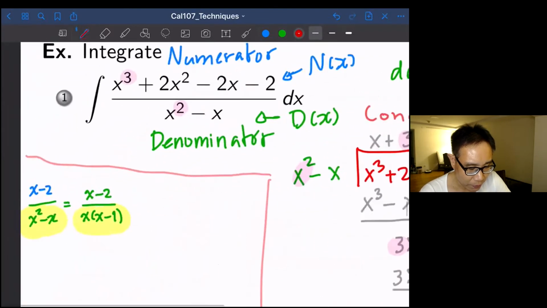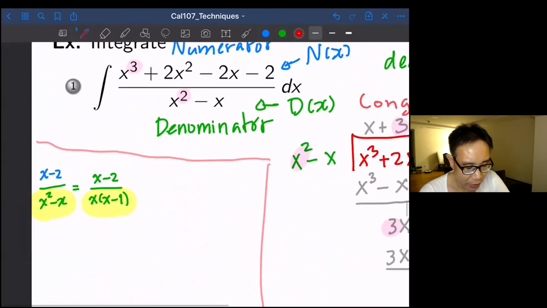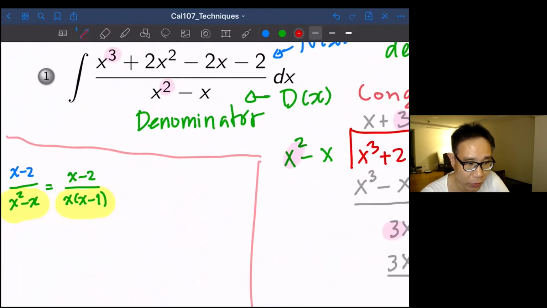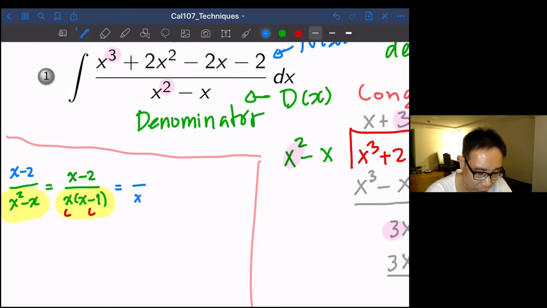The first one, you see that it is x minus 2 over x times x minus 1. This guy is linear and linear. So when you have these two linear factors, you're going to decompose this as A over x plus B over x minus 1, where the numerators are constants.